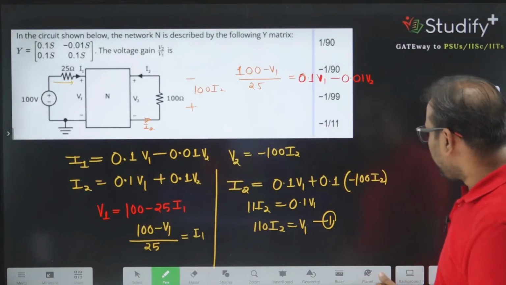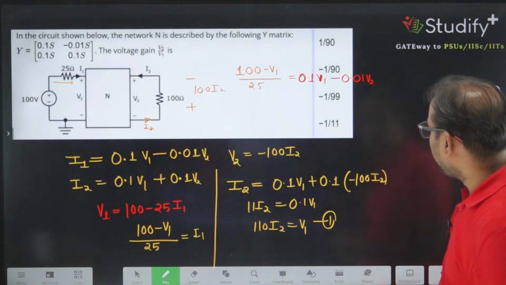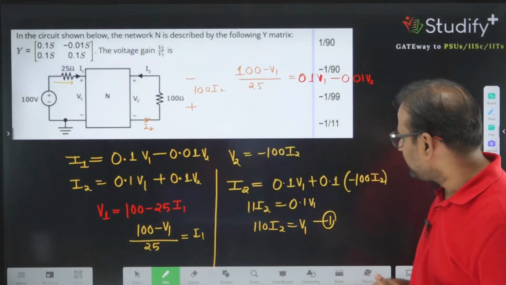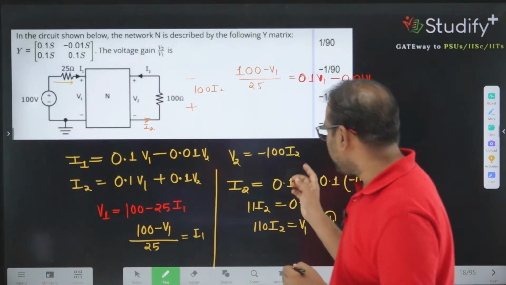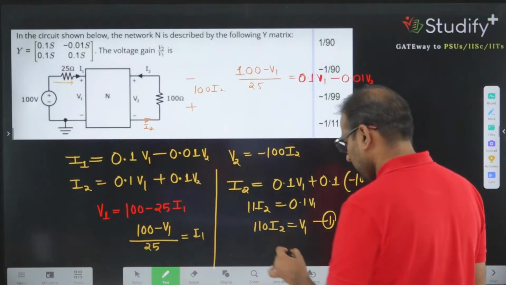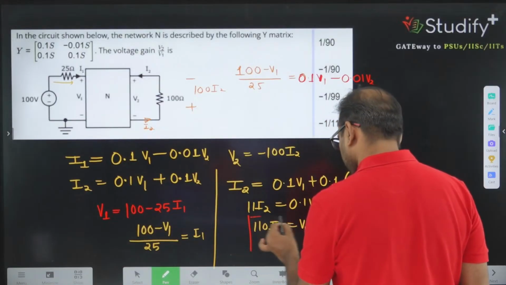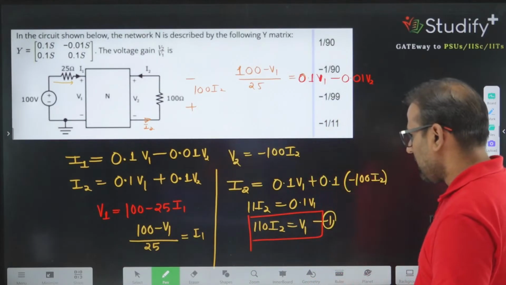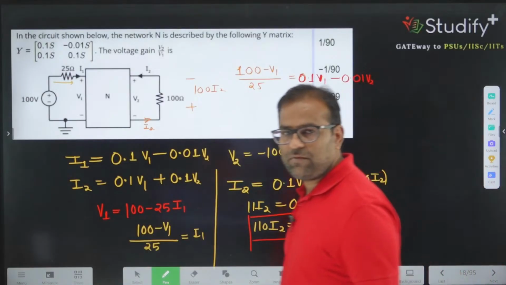In this whole equation we have V1, V2 and one constant. We are interested in the V2 by I2 ratio.